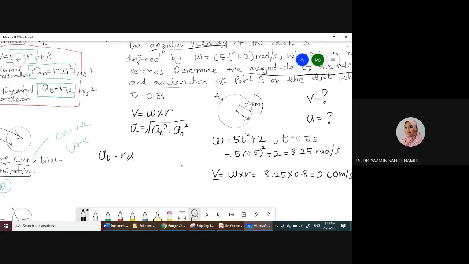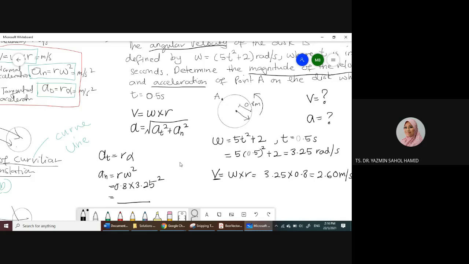But we can find AN first, easy. AN is R omega squared. So R is 0.8 times omega, which we found just now as 3.25, squared.